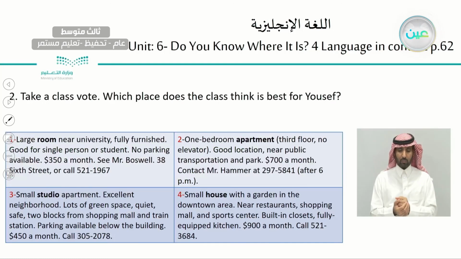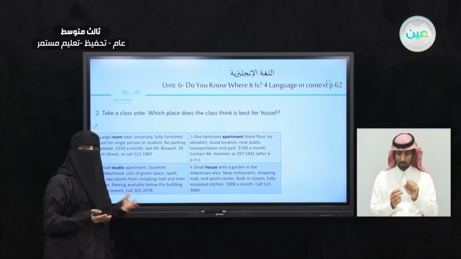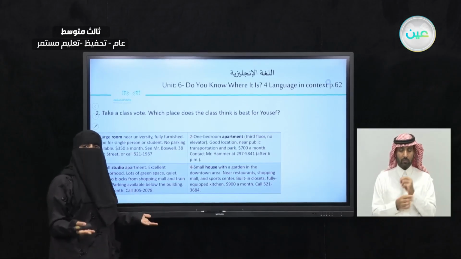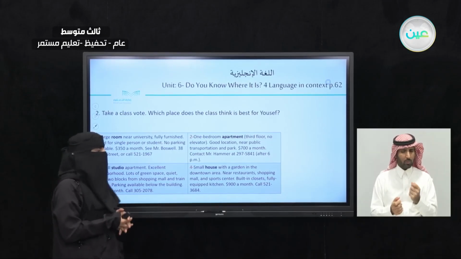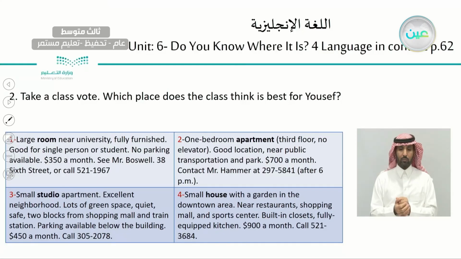So which place you think is the best? Every one of you has his or her own opinion. Try to convince your partner with the best one you think suitable for Yusuf. The second task for you, take a class vote. Which place does the class think the best for Yusuf? So take a vote.